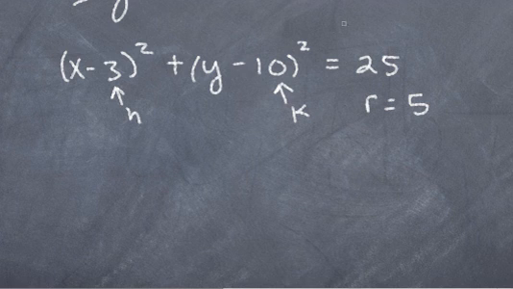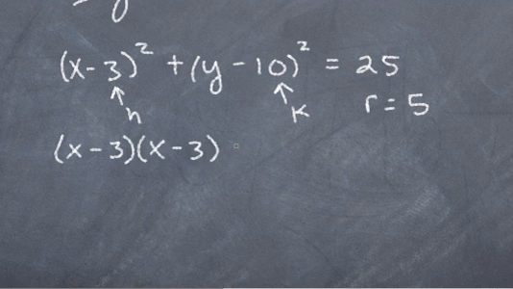Now, once you square both of these out, I'm just going to write this out. You would multiply this together, expand it out: x times x, negative 3 times x, and negative 3 times negative 3.